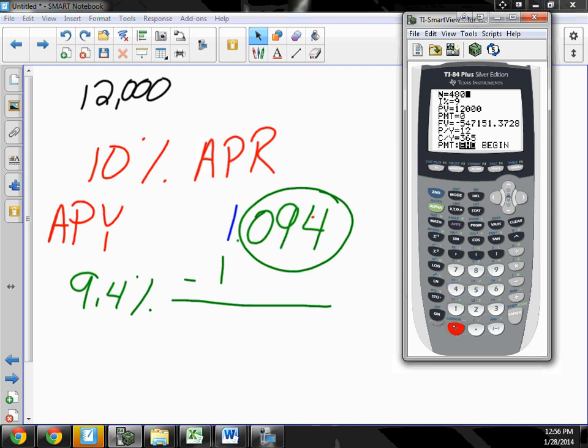I could make my N 40, but then I would have to change not the compound, the payments per year. And I want to keep that because the next two problems have 12 payments per year. So the N and the P/Y are flexible as long as the payment is 0. If the payment is something other than 0, then they have to be right.